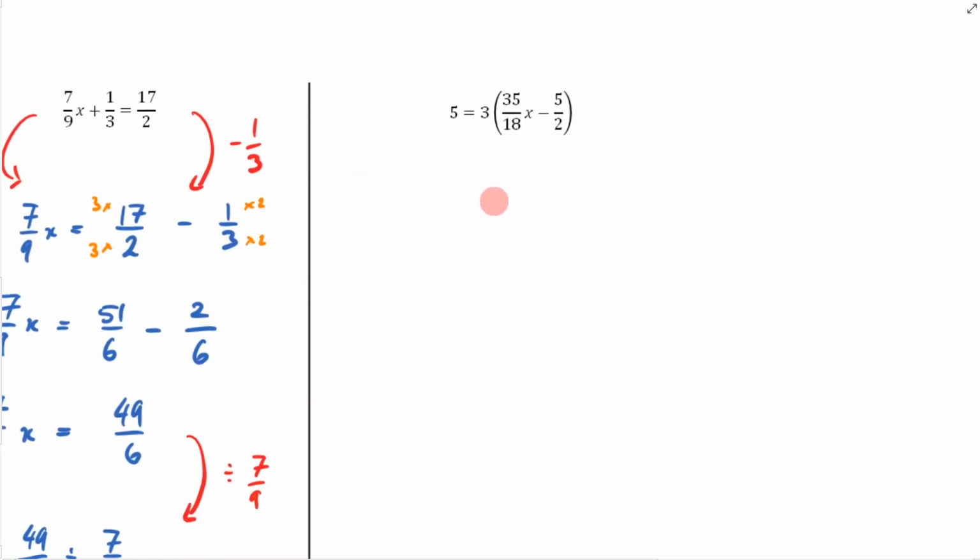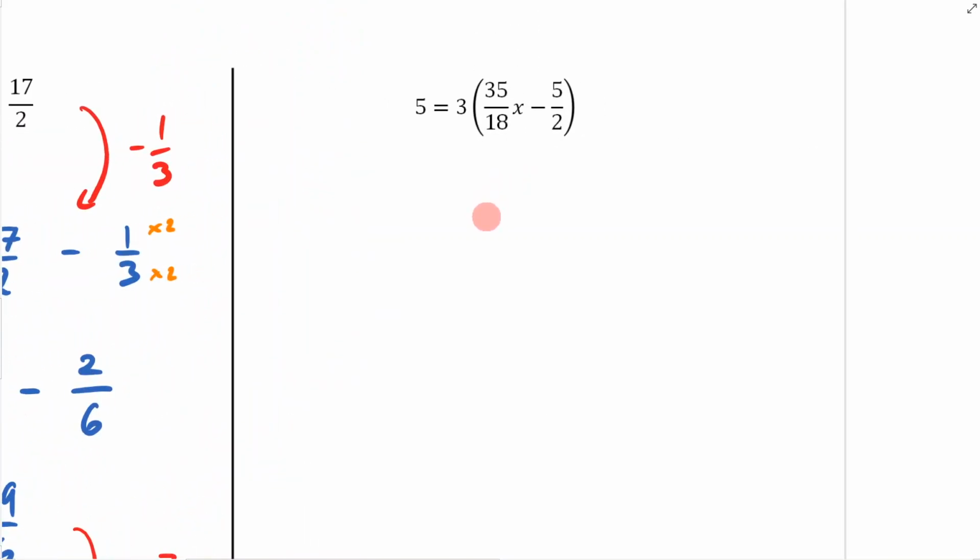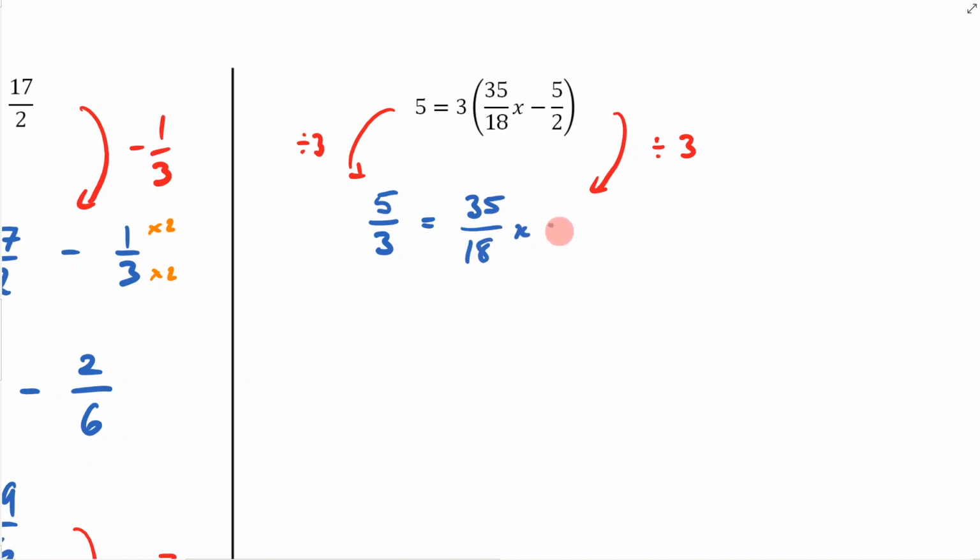And then we come to this one. What a beastie looking one this one is. All right, the first thing I'm going to do is divide by 3, divide by 3. So this is going to become 5 on 3 is equal to 35 on 18 x minus 5 on 2.